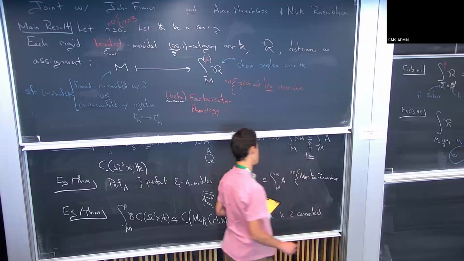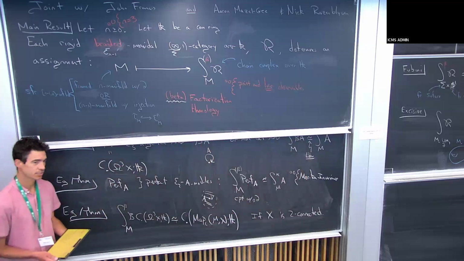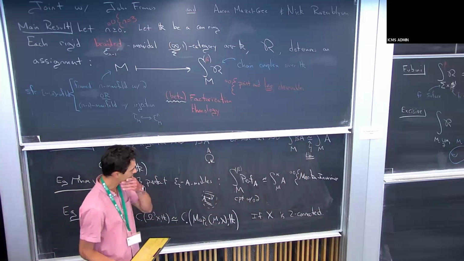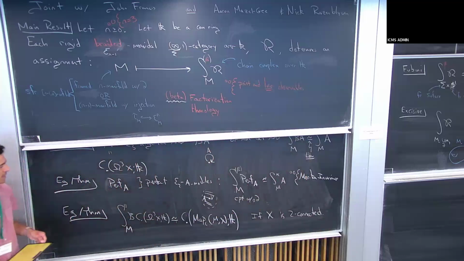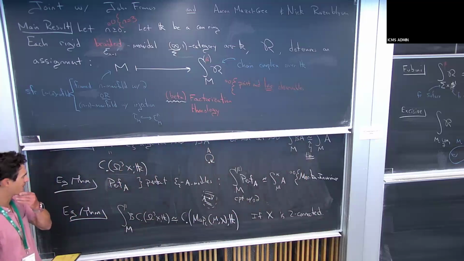So if X is like BG for a simply connected G, then this is true. But if X is BG for a connected G, this statement as written is not true.